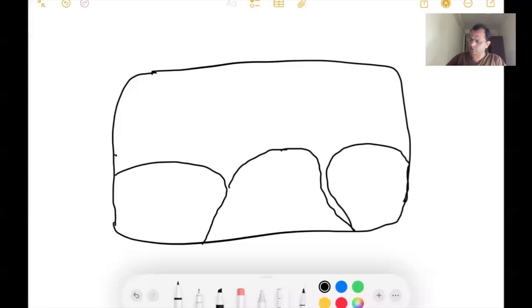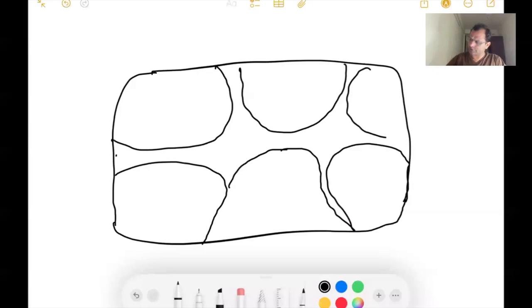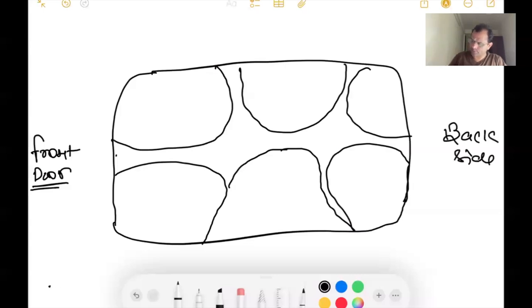The 3 rooms on the other side: room number 1, room number 2, and room number 3. So this is the front side, okay? The front door is here. And this is the back side. Total 6 rooms.